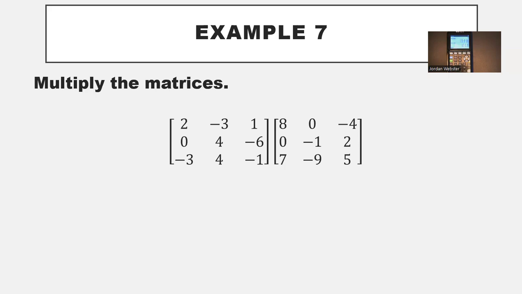That comes from 2 times 8 minus 3 times 0 plus 1 times 7. 2 times 8 is 16, plus 0, plus 7. 16 plus 7 plus 0 is 23. So it's a good check that our calculator is doing it right. And you can check the other numbers too. But there we go. Any questions about that?